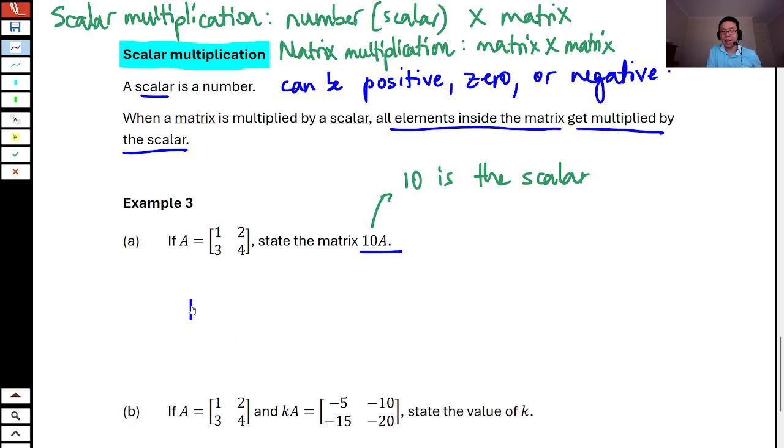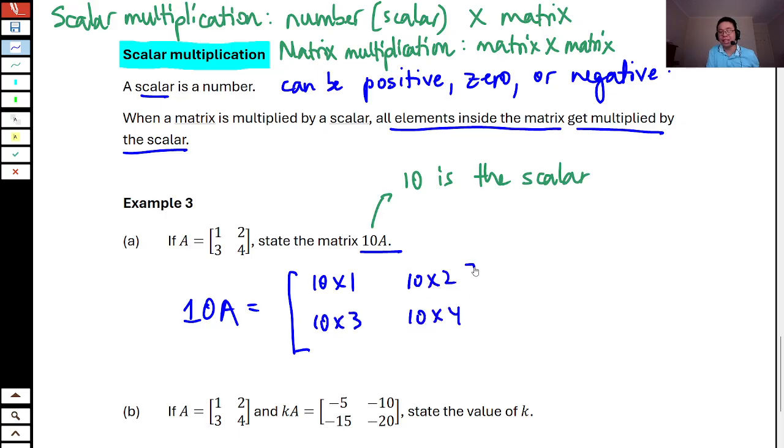So 10A would be equal to 10 times 1, 10 times 2, 10 times 3, 10 times 4. So notice every number inside the matrix is keeping its position, and it's getting multiplied by the scalar on the outside. So I'm left with 10, 20, 30, 40. That's my answer.